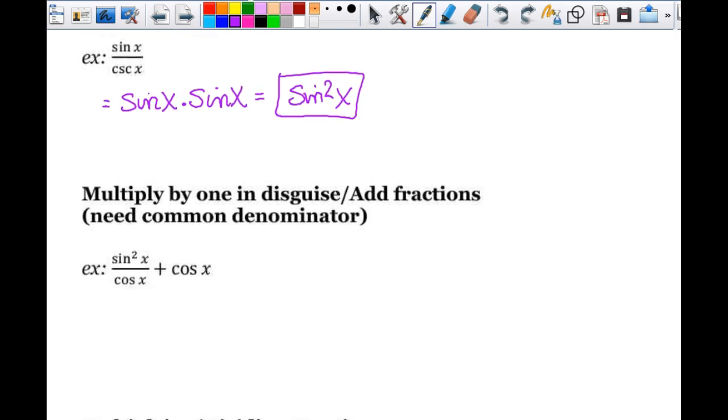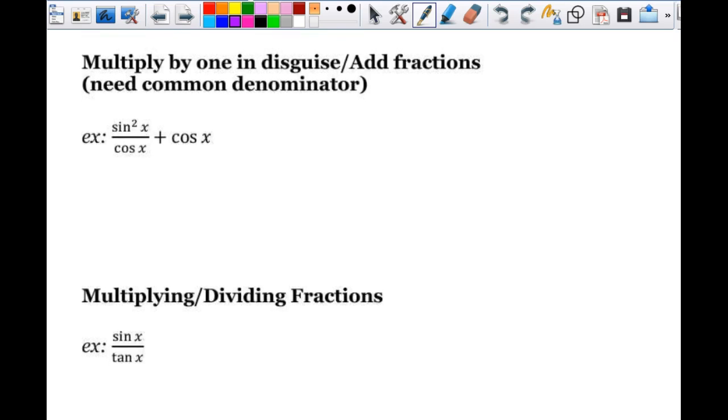All right, so this has multiplied by 1 in disguise and then add fractions. So basically that's like getting a common denominator. So this whole 1 in disguise idea, that's how we're getting the common denominator. What would my common denominator be here? Cosine, right? So the 1 in disguise would be like cosine of x over cosine of x. That's what it means by 1 in disguise.